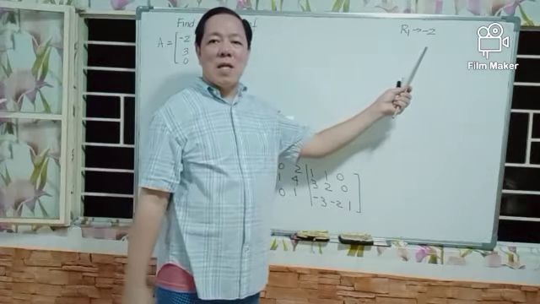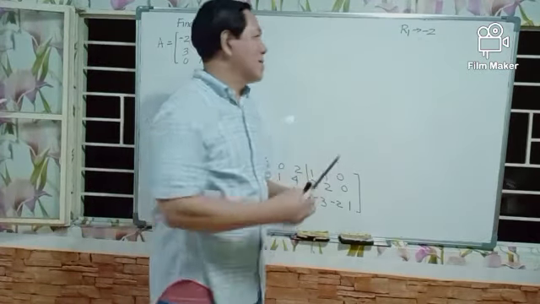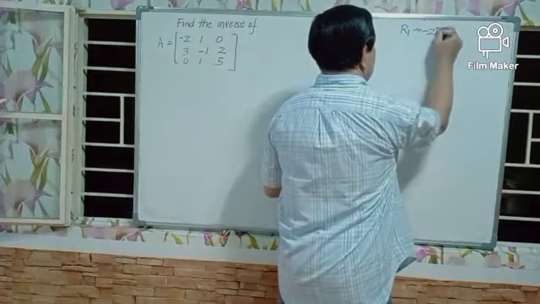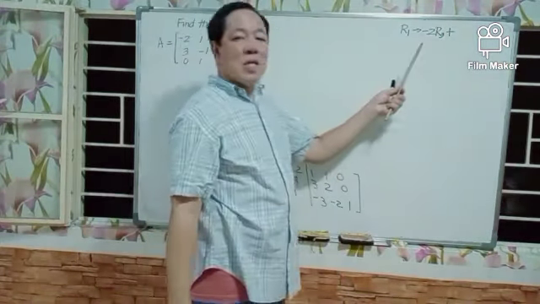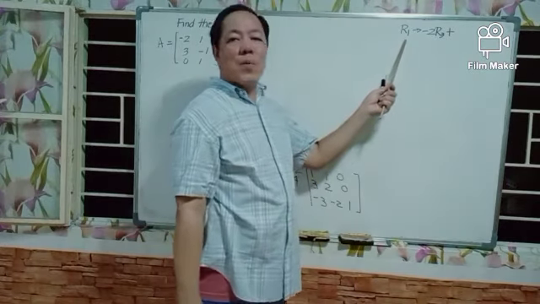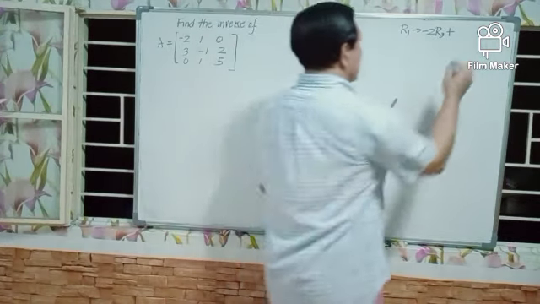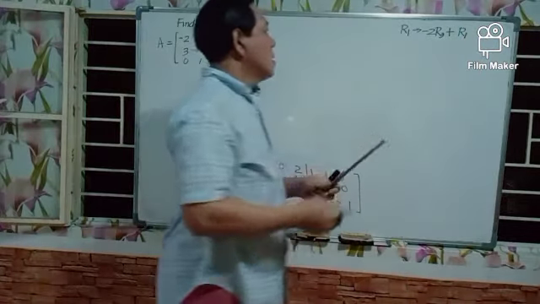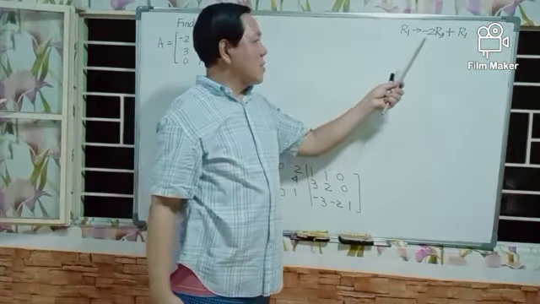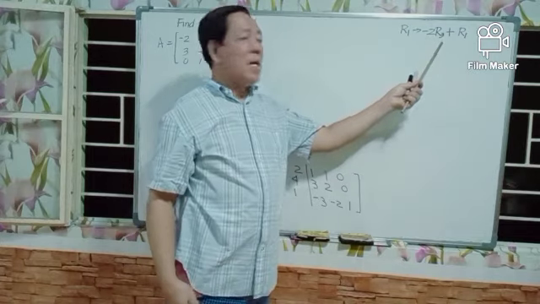Hence, we multiply negative 2 by row 3. And to this product, we add the entries of row 1. We perform this operation, we multiply the entries of row 3 by negative 2.